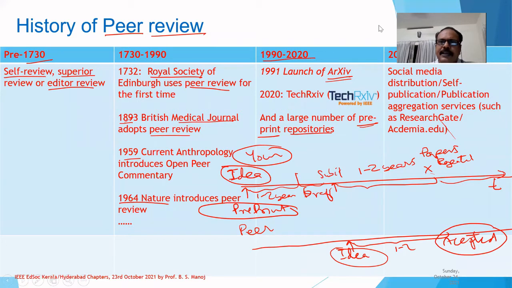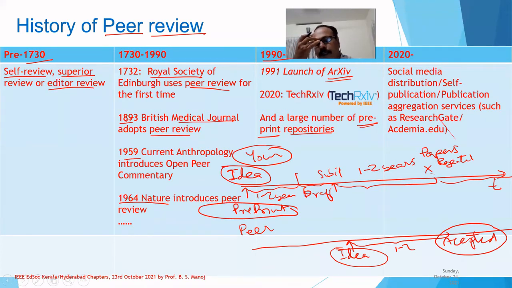So, in addition to this archive-related or preprint-related services, today social media is actually playing a very, very big role. So, social media distribution of research papers are found to be very effective for many researchers that I'm recently observing.